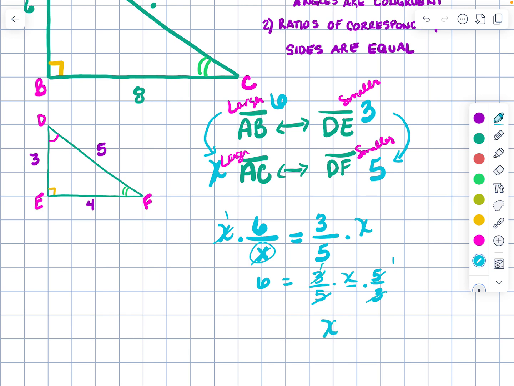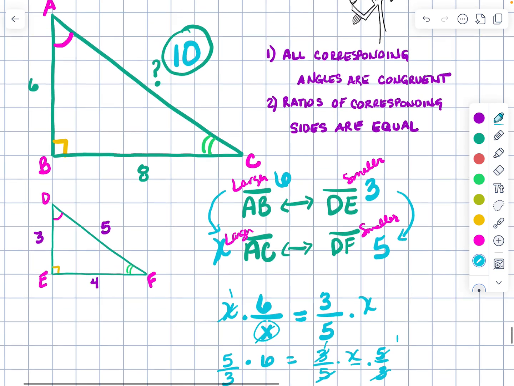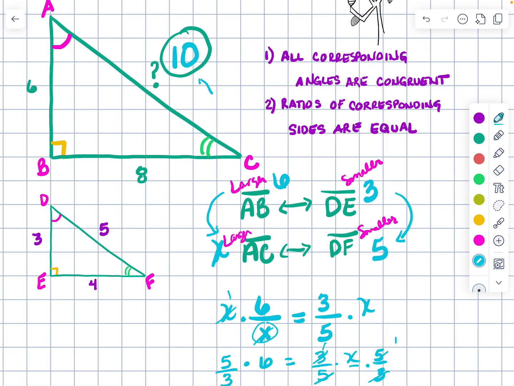So I'm left with x on this side and 5 over 3 here. 5 times 6 is 30 divided by 3. And 3 goes into 30 10 times. Okay? And that is what we got initially. Right? So that worked out.